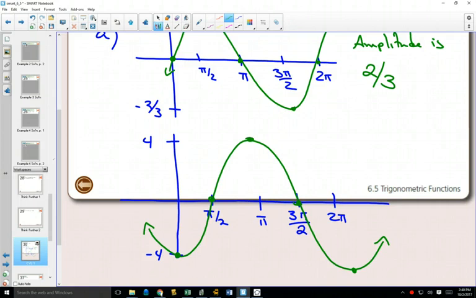And we just graphed -4 cos of x. What is the amplitude? Now, amplitude is always the measurement from the center line to the maximum or from the center line to the minimum. And since it's a measurement, it's always positive. So we would say our amplitude is 4.